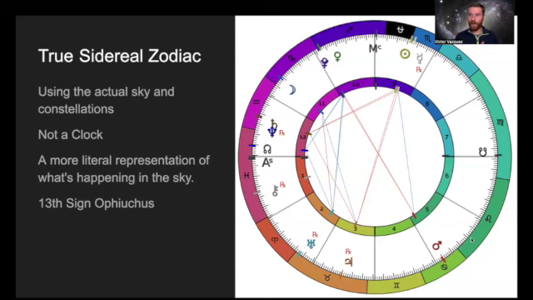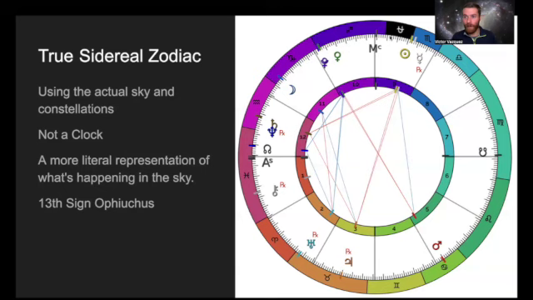And we have the 12 constellations, but if you look between Scorpio and Sagittarius, there's a new constellation called Ophiuchus. And it's a very interesting constellation, especially within this zodiac, because it takes the actual size within the ecliptic.